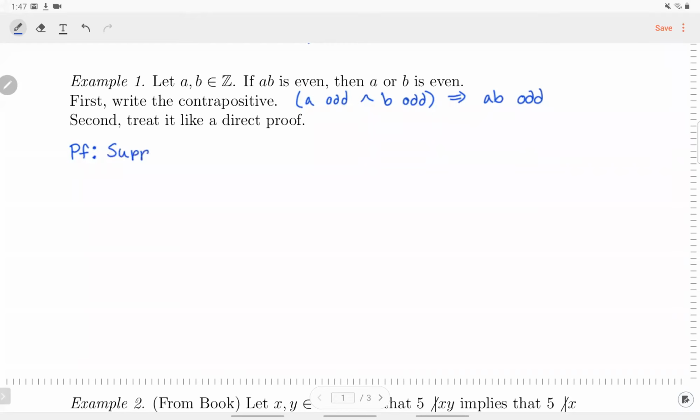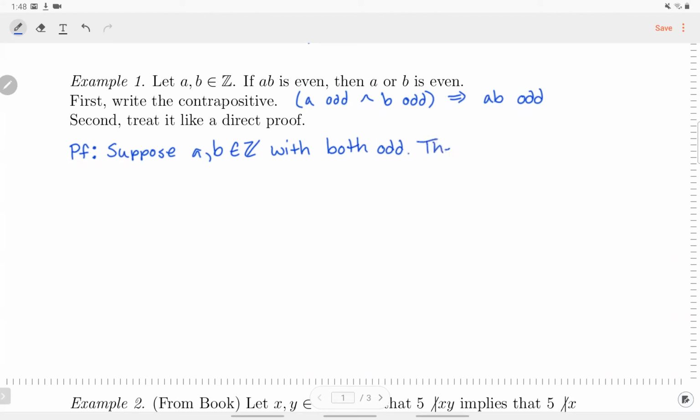Suppose A and B are elements of the integers, so A and B are integers, both odd. All right, here we go.